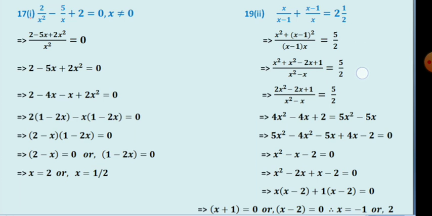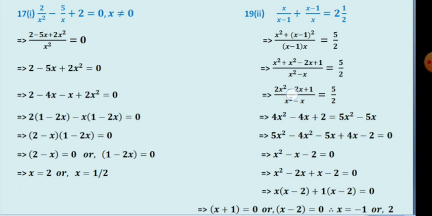Now x squared plus x minus 1 whole square, which is x squared plus x squared minus 2x plus 1, divided by x into x is x squared, minus 1 into x is x, equals 5 by 2.